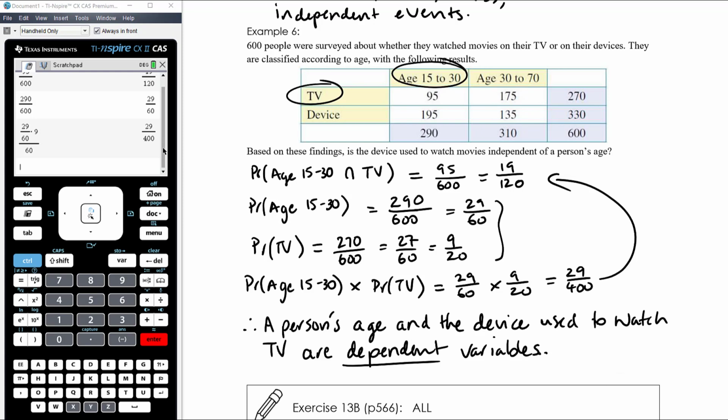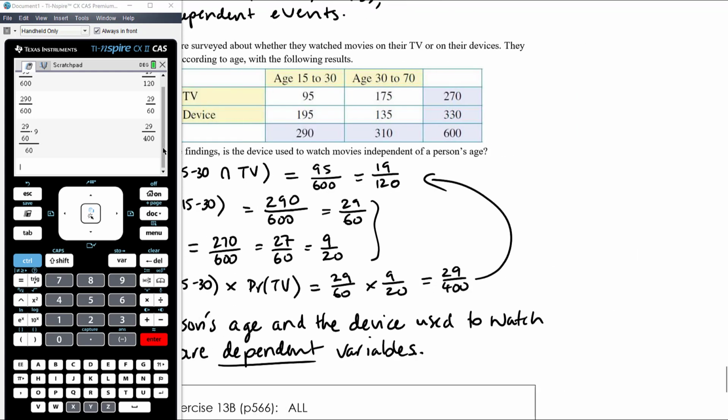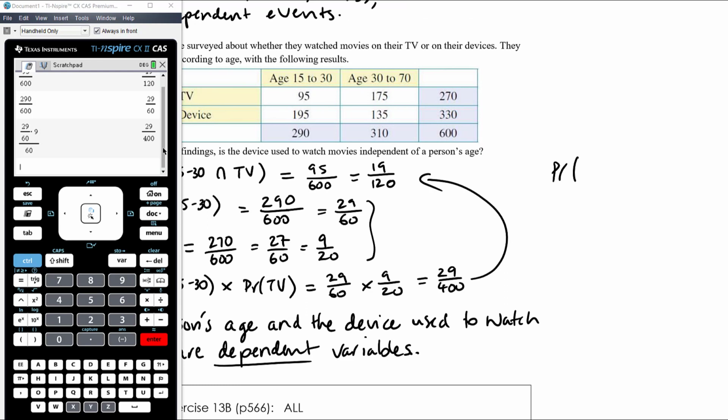Okay, we probably could also have calculated some conditional probabilities there. You could have also tested the probability of someone being young, age 15 to 30, given that they watch TV, and tested whether that's the same as the probability of being young. That would also have been a way to test it.